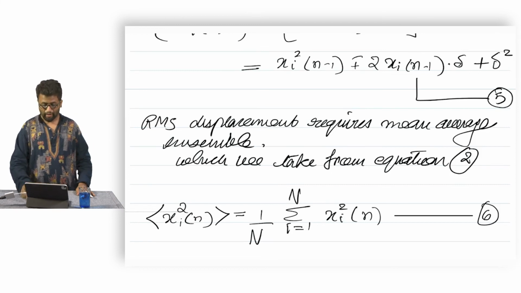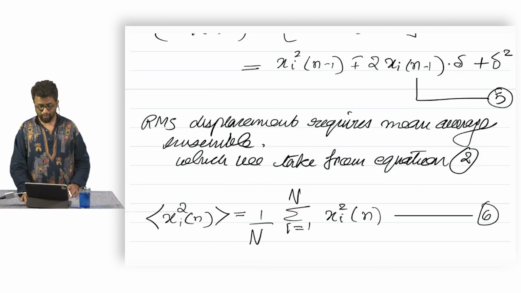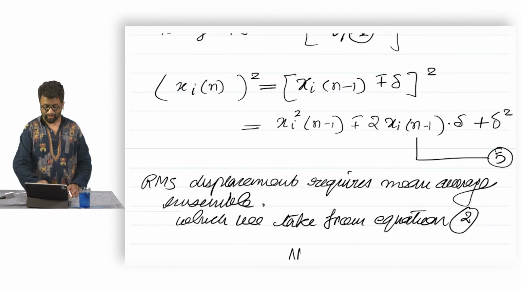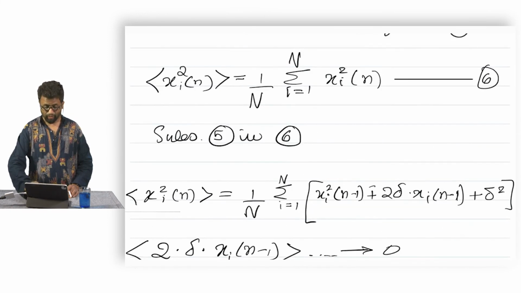RMS displacement requires the mean average of the ensemble, which we take from equation 2, which was this, if you remember: the average of x_i squared(n) is equal to 1 upon n, summation over i equals 1 to n of x_i squared(n). Substituting 5 in 6, that is, this opened out equation into 6, which is here.